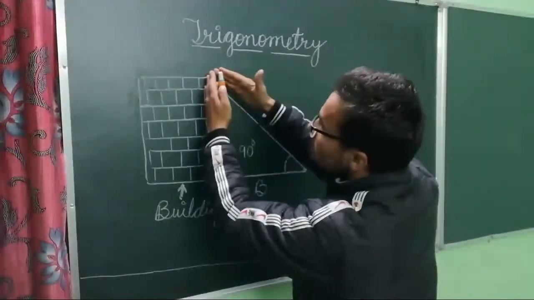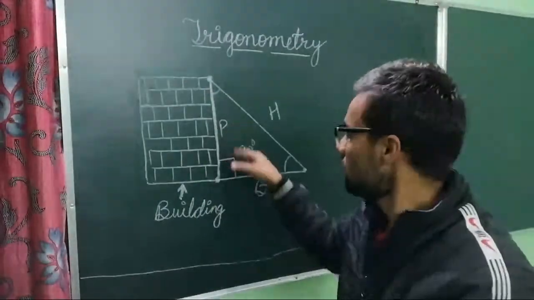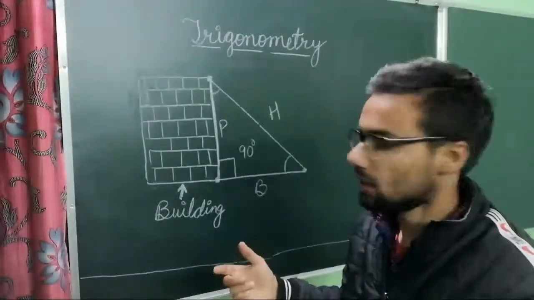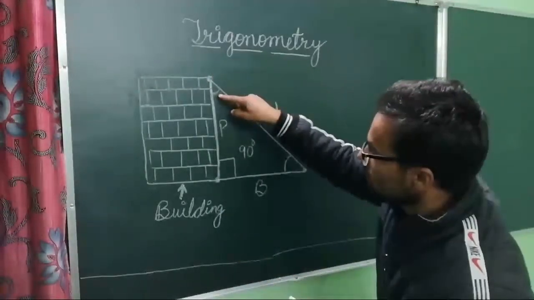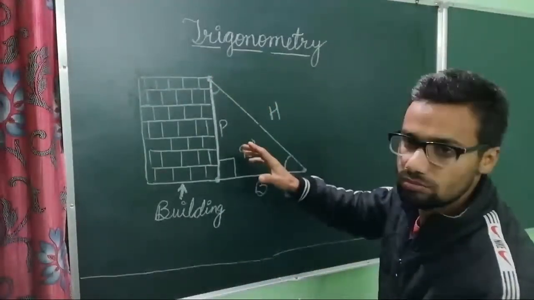If I am here, then the names of these sides change. If I am observing from this point, then the names change. Why?